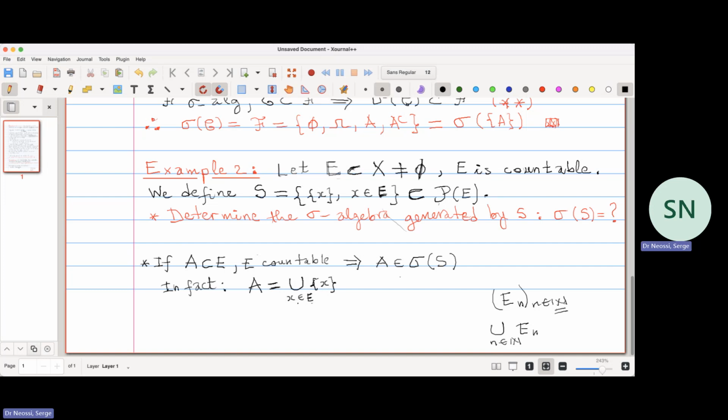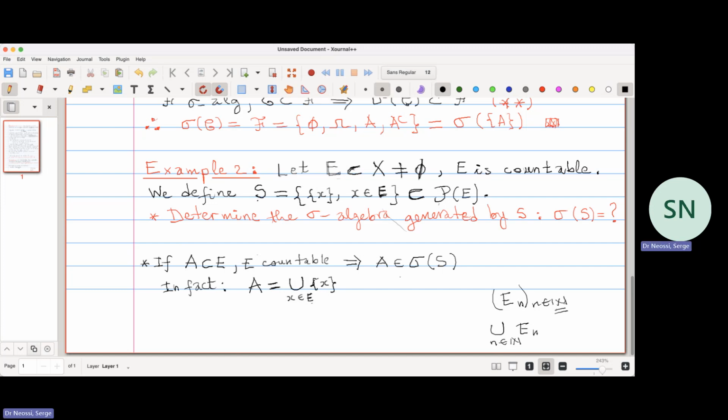Because this is a countable union, and each set of this form is in S, an element of S is something of this form where S is in E. So each of these points is in S.